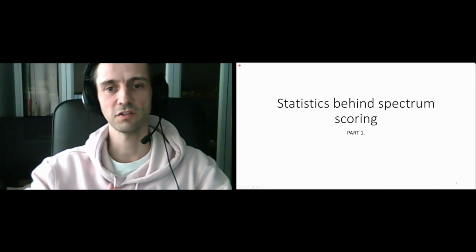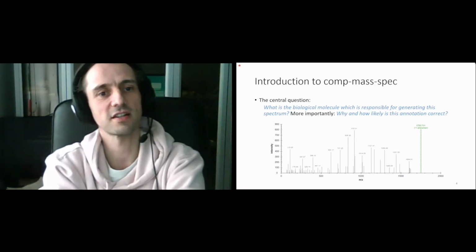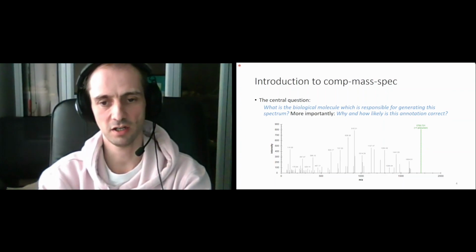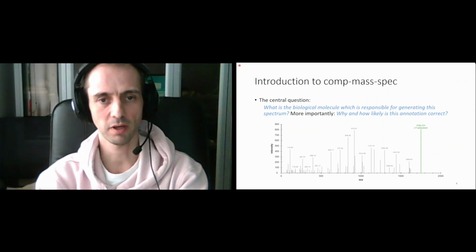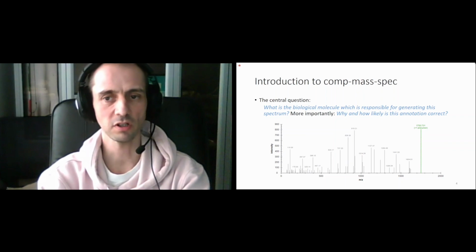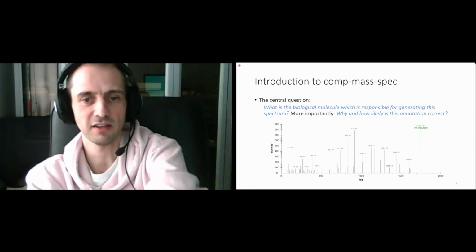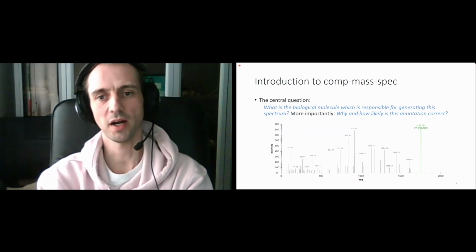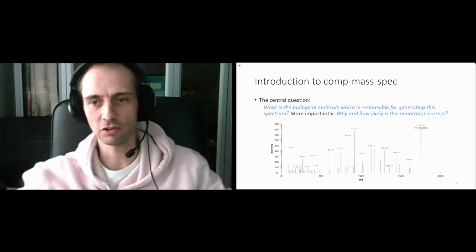So what is a spectrum and how do we annotate it? We have an experimental spectrum, what you see on the screen here. The question is what molecule is responsible for generating this observed spectrum, and more importantly, how likely is this annotation correct?